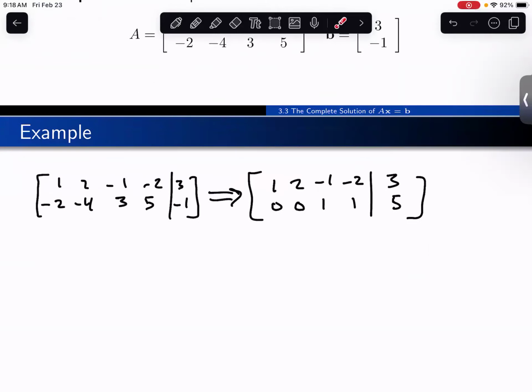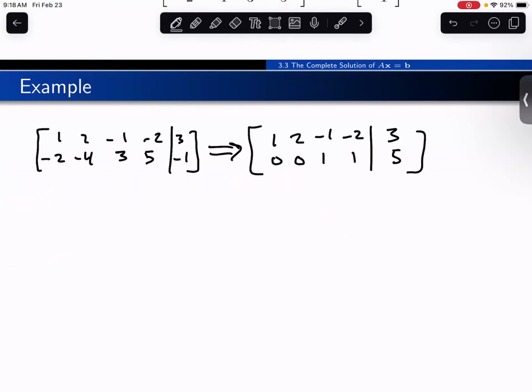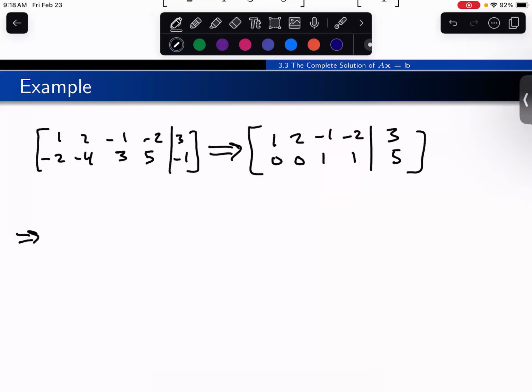And so you can see already we have 2 pivots. Well, let me circle the pivots just to be clear. So these are our 2 pivots, right? They're the first non-zero entries we have in each row.